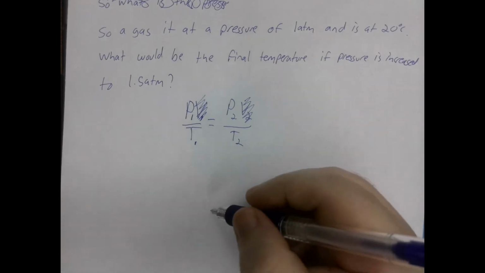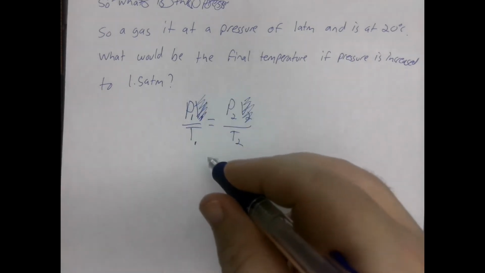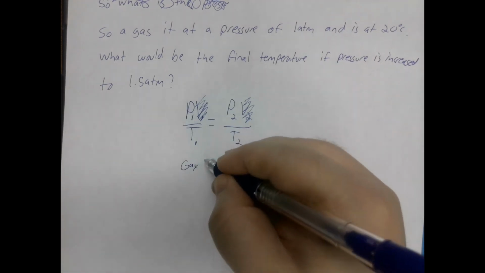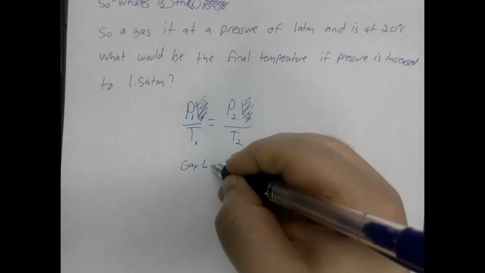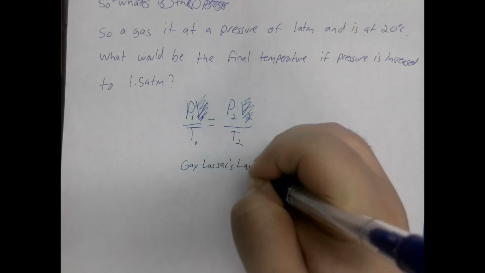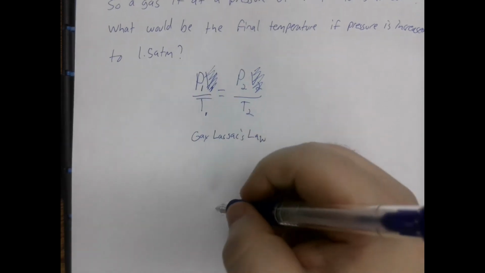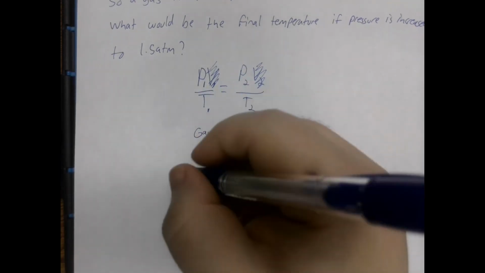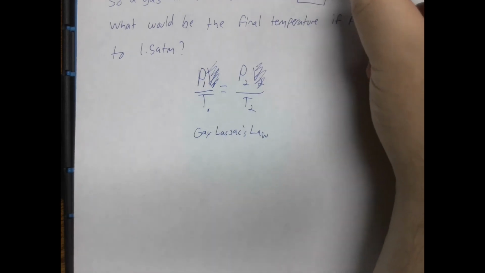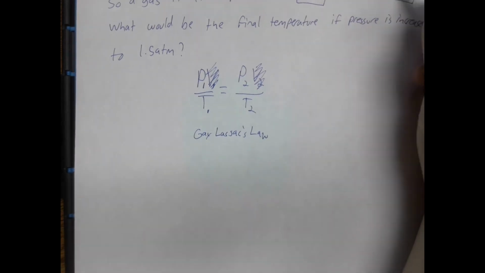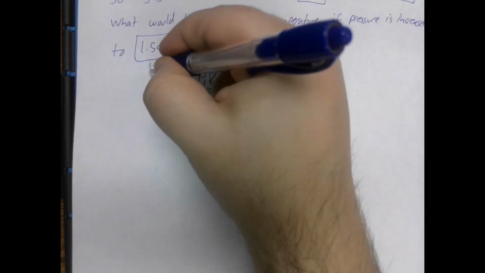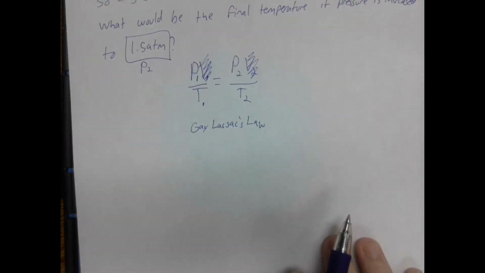And so we have PT, so this would be Gay-Lussac. So this is our initial pressure, P1. This is our initial temperature, T1. This is our final pressure, P2.